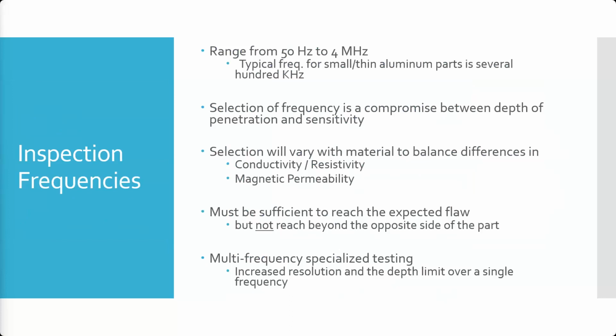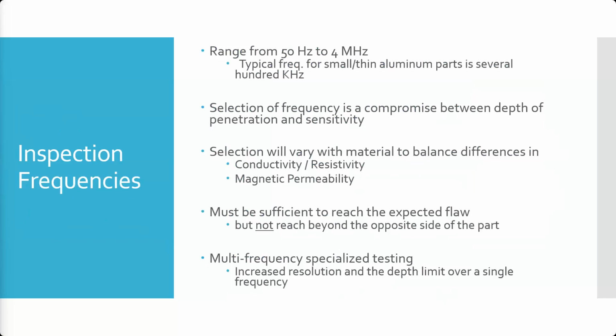And then also balancing that conductivity and resistivity that we saw in the previous tables, and then the magnetic permeability that we saw in the previous tables. So we have to know, are we going to reach our expected flaw, but we don't want to reach beyond the expected flaw or beyond the opposite side of the part. Because if we're doing that, we're reducing our sensitivity with no gain.